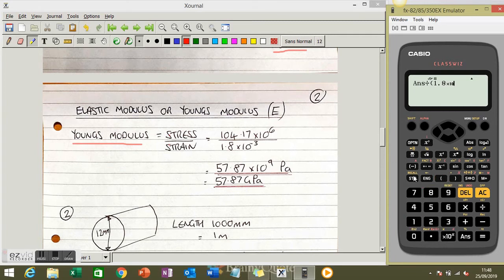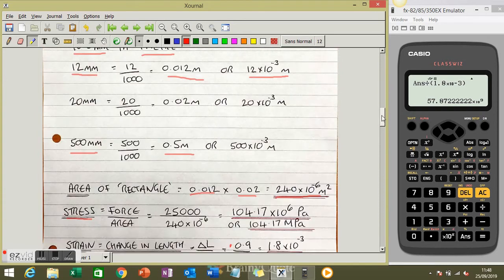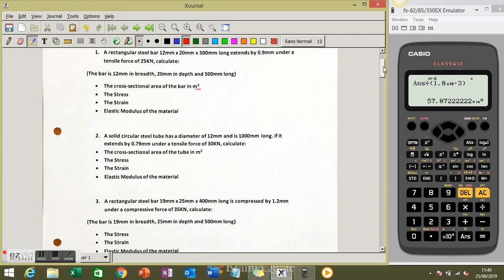Divide by the strain, 1.8 times 10 to the minus 3, equals 57.87. We don't like the 10 because there's no symbol for 10. Press ENG, puts it into 9, so 57.87 times 10 to the 9 pascals, or 57.87 gigapascals. So that's question 1 done. No trick there.